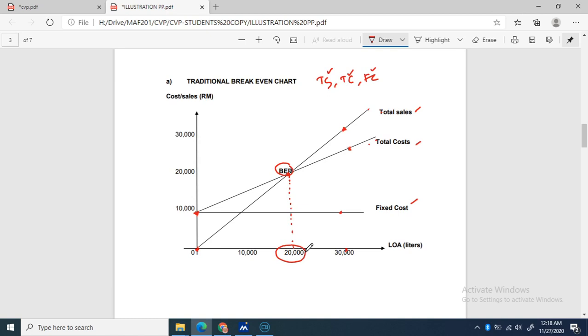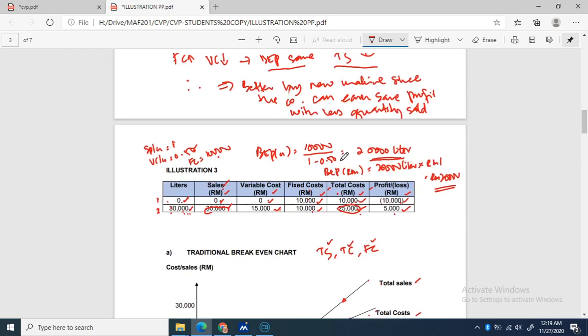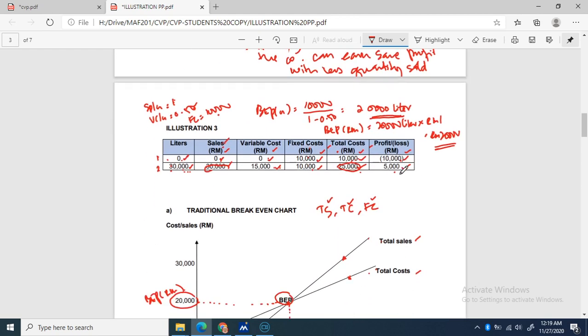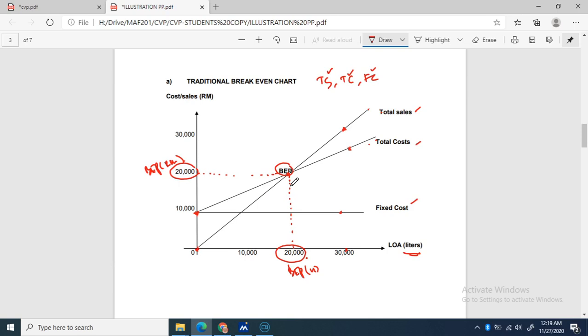So this is BEP in units or in liters, 20,000 liters. How to get BEP in RM? You move to the Y axis. This is cost and sales in RM, so BEP is in RM. It is the same amount as we get here: 20,000 liters BEP in units, and in RM it is 20,000, the same amount.